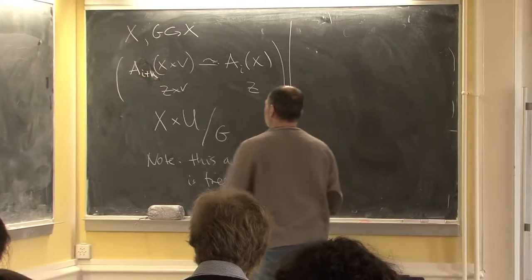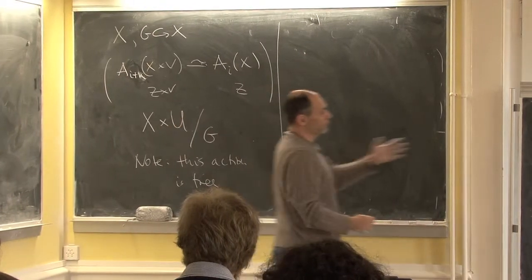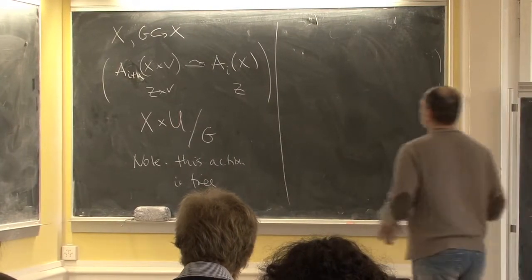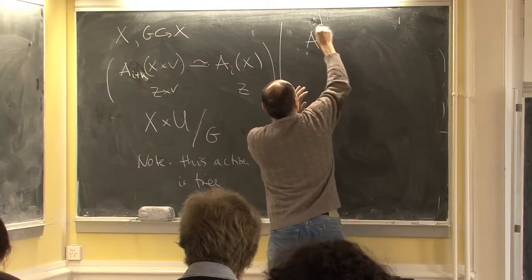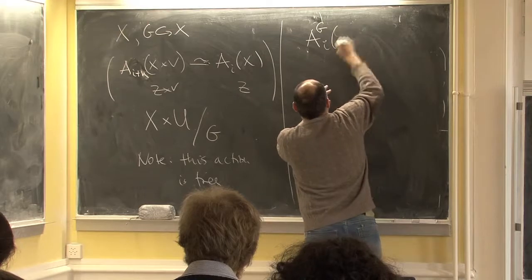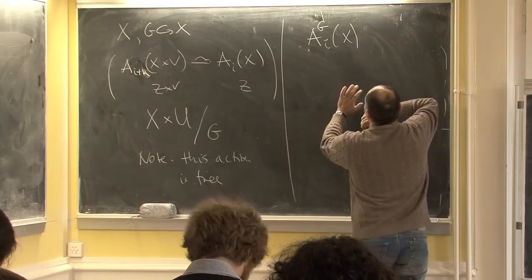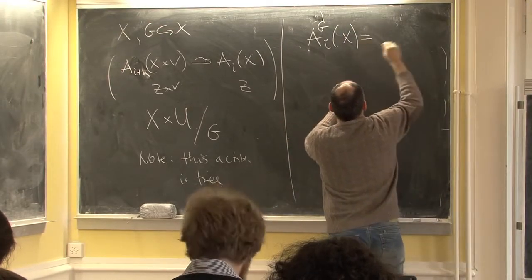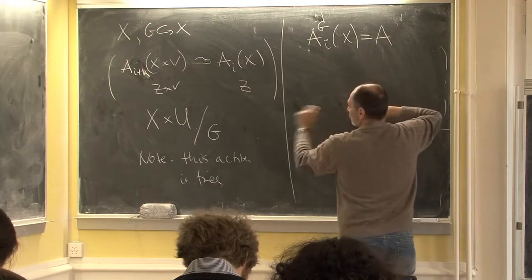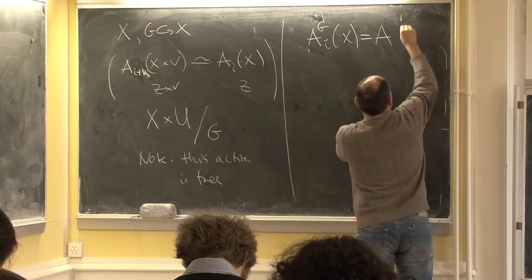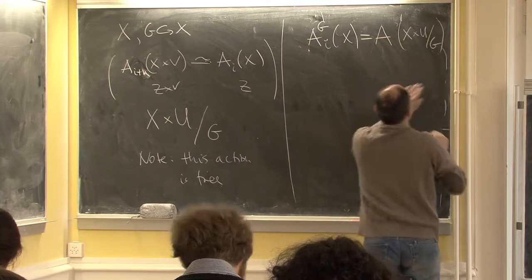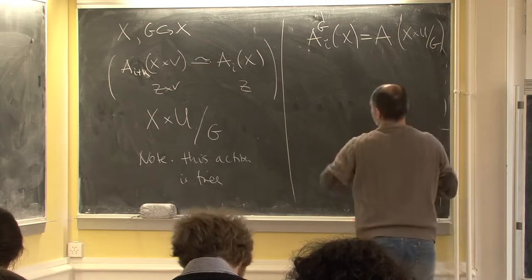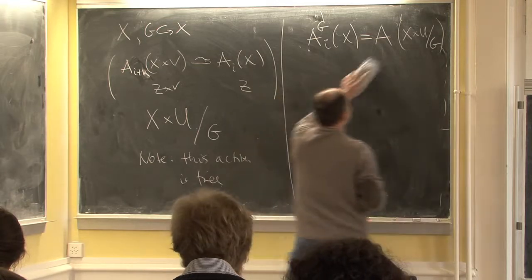And so as a result, I can use this logic of saying that I will define the ith equivariant Chow group of X simply as the Chow group of this quotient. But now I have to correct, and this is why I was telling you all these things.